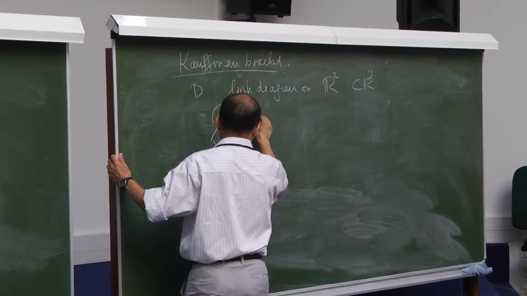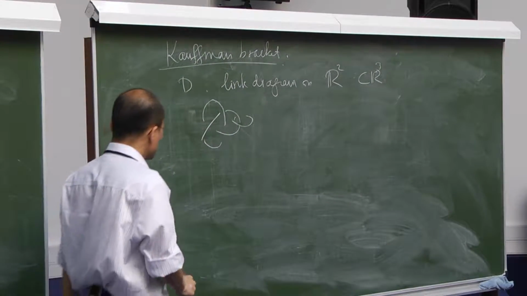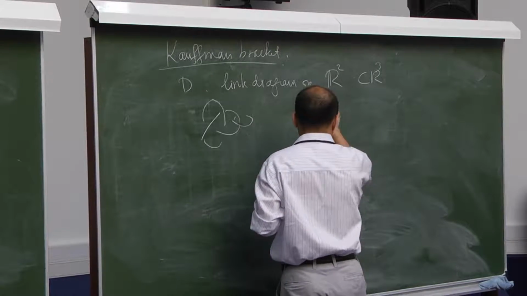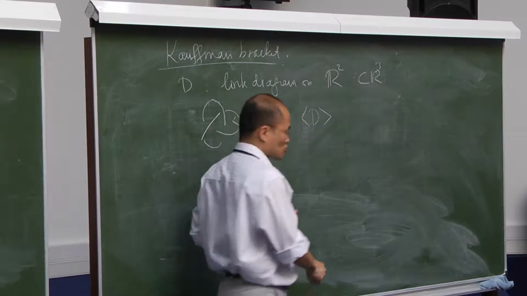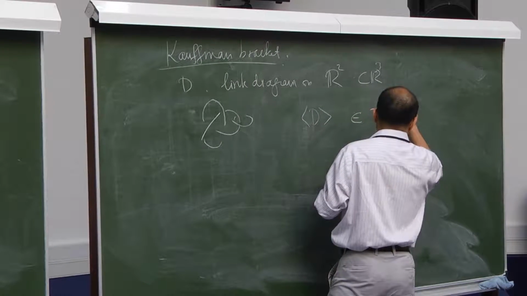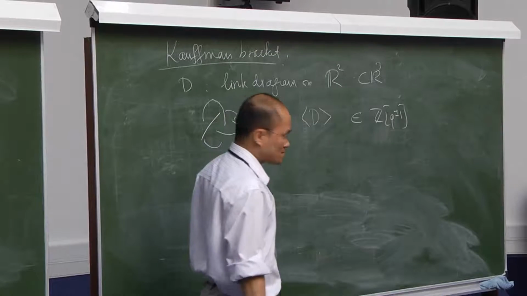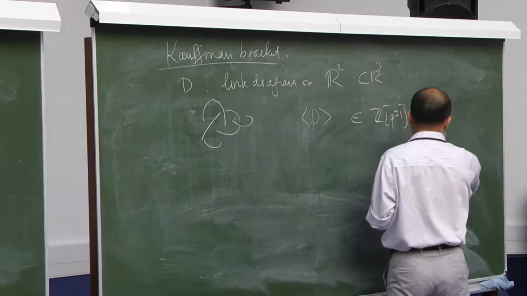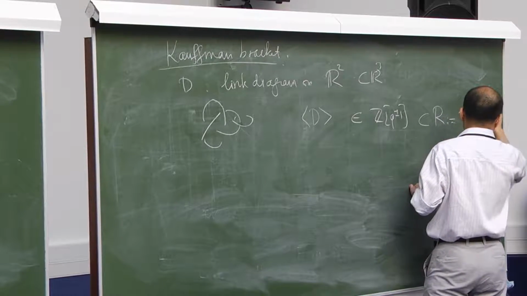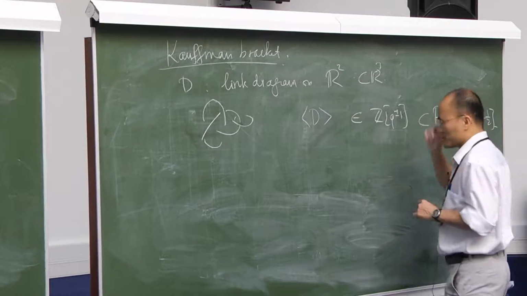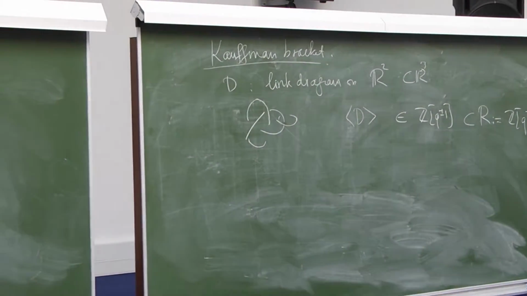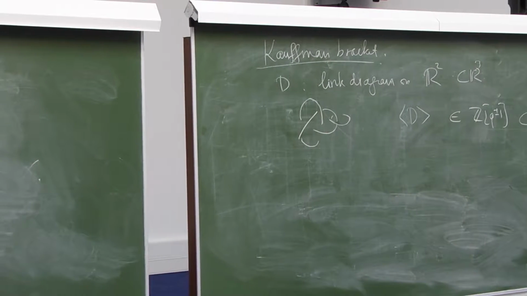Maybe there's another component like this, a link diagram D on the plane. Then you can associate a Laurent polynomial, called the bracket polynomial, in one variable. But for convenience, I will extend this to the ring that I denote by R, where I adjoin the square root of this quantum parameter just for later use. Okay, so R here is the ring of Laurent polynomials in Q to the 1/2.